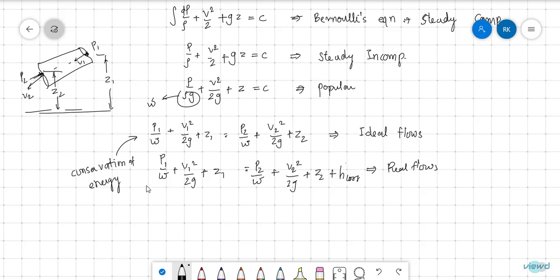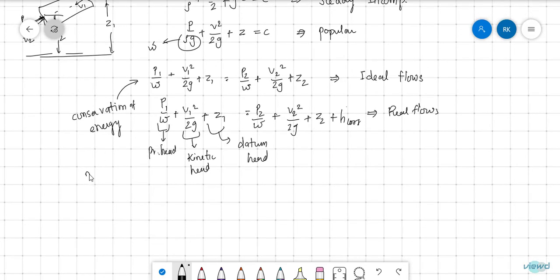Here, this is called pressure head, this is kinetic head, and this is called datum head. These are all in terms of meters, in terms of length. There is also another one, piezometric head, which is equal to the sum of pressure head and kinetic head.